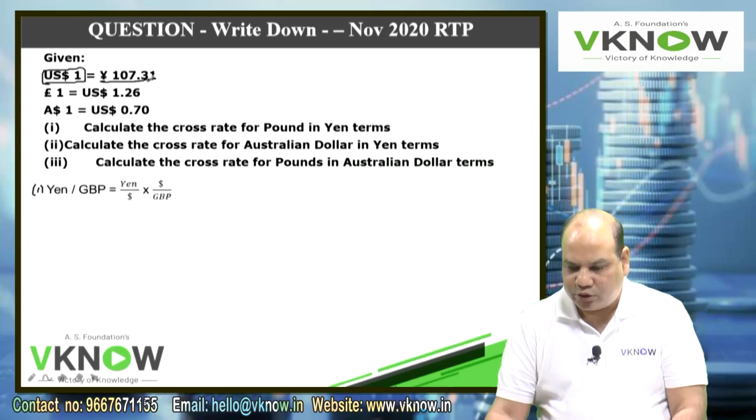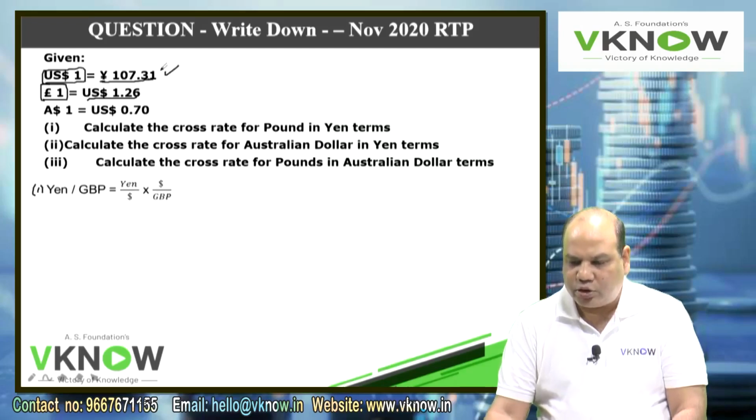So I can directly use this rate into dollar per GBP, cross rate, rule number 1. With dollar, the pound rate is given. So the cross rate will be yen per dollar into dollar per GBP.